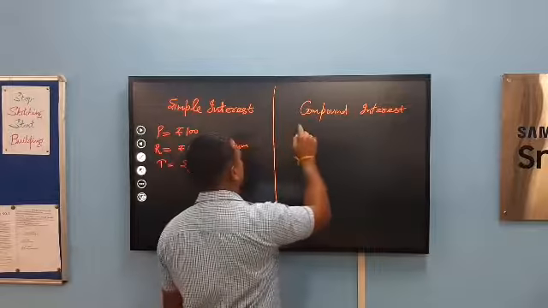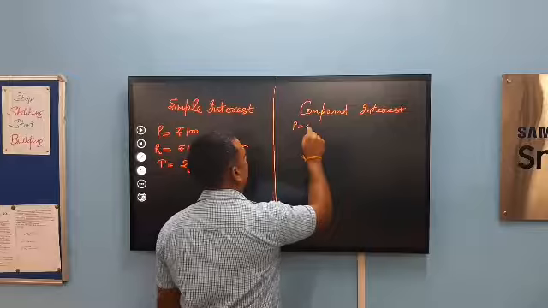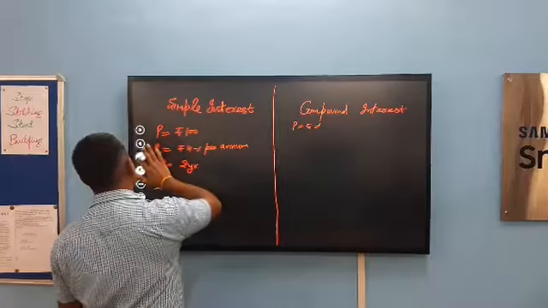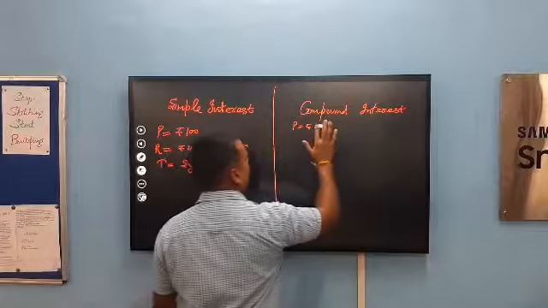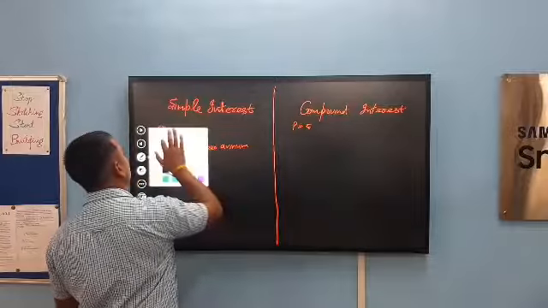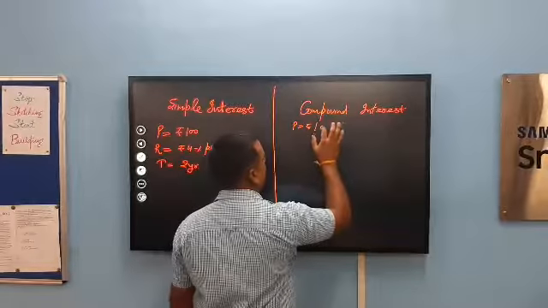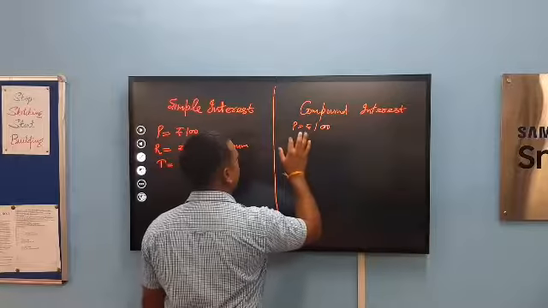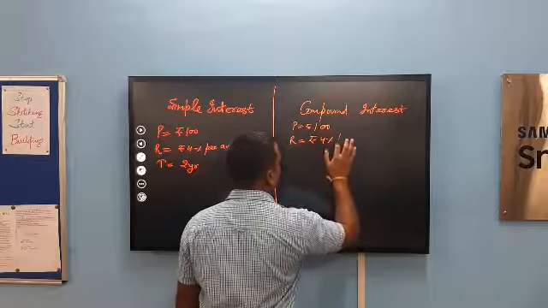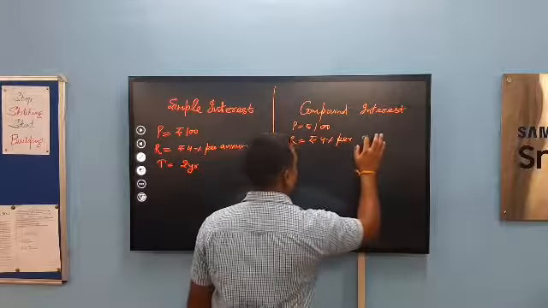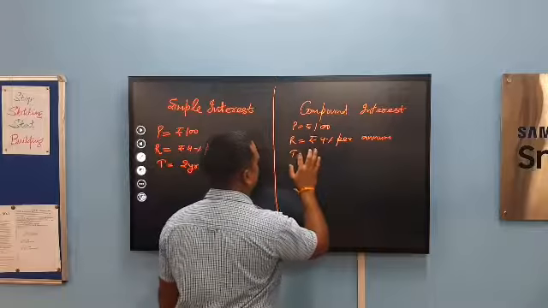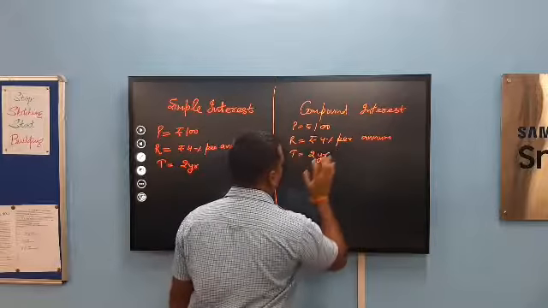The same we take here: principal rupees 100, rate 4% per annum and time is 2 years.